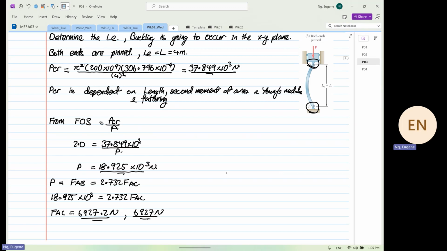So 1 kilogram is equal to how many Newton? Anyone? 9.81 Newton, right? Am I right? It cannot be equal. Can I say 1 kilogram is equal to 9.81 Newton?